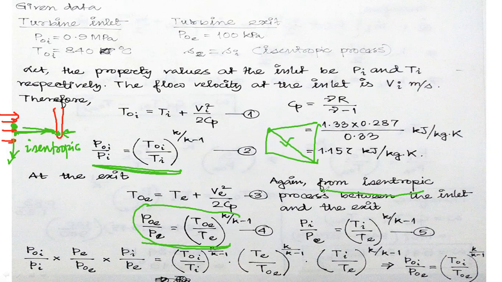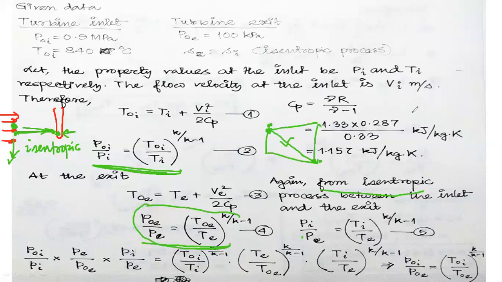Therefore, we can write a similar expression between the inlet and the exit of the actual properties, that is Pi by Pe is equal to Ti by Te to the power k by k minus 1, where you have to remember that Pi and Pe are nothing but the actual values of pressure here and here. Ti and Te are the actual values of temperature here and here. So we can also write this expression because the process is isentropic.